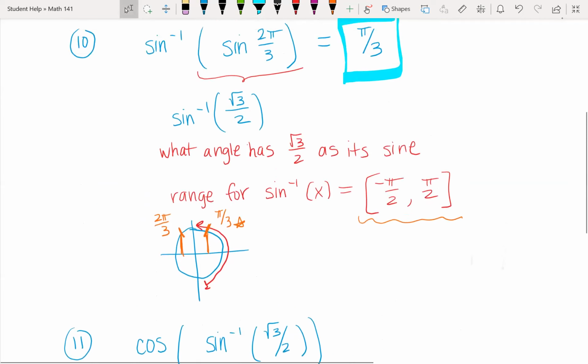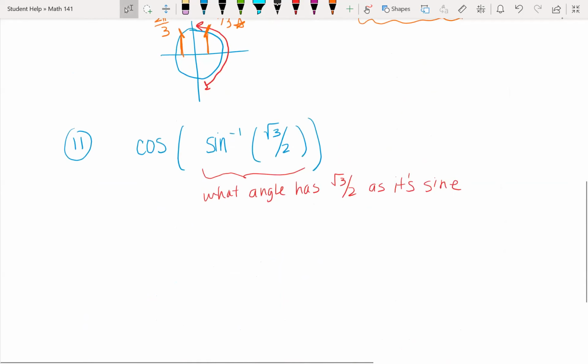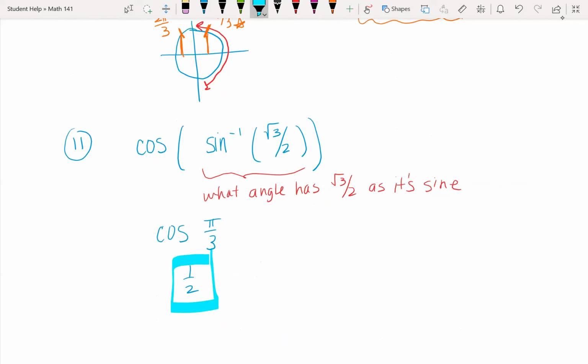That's the same as what we just did, and so we know that that's going to end up being cosine of pi over 3, right? And the cosine of pi over 3 is going to be 1/2 for our answer. All right.